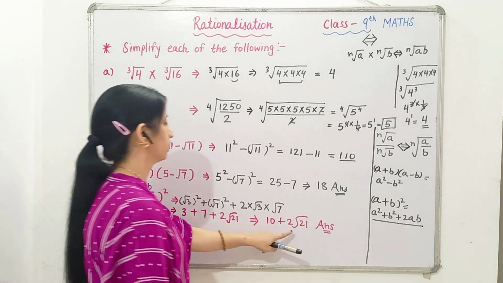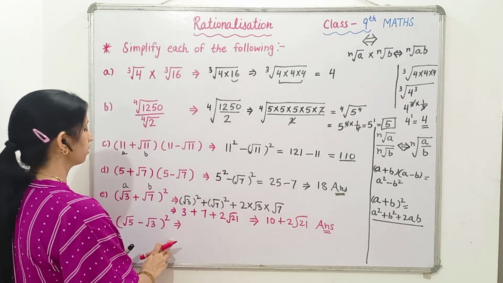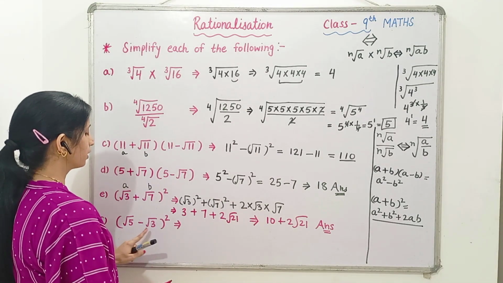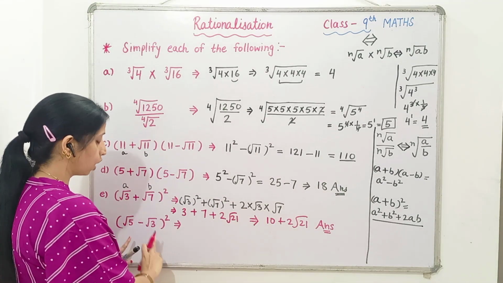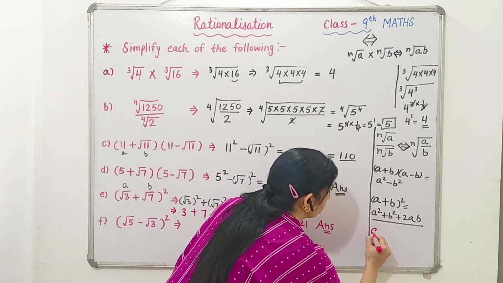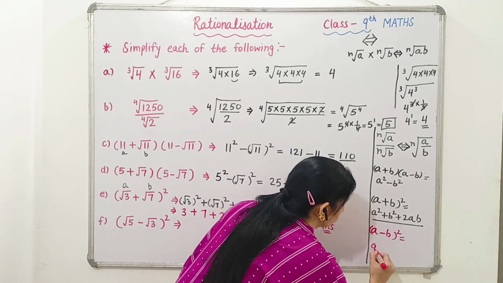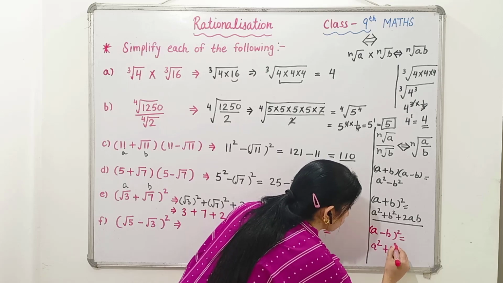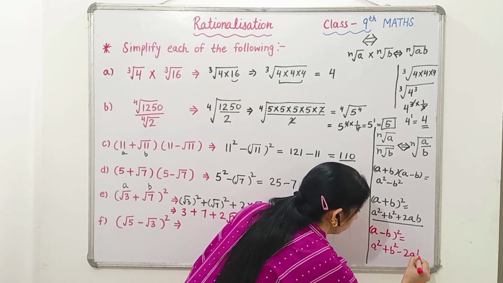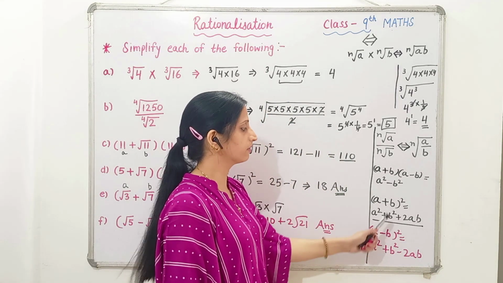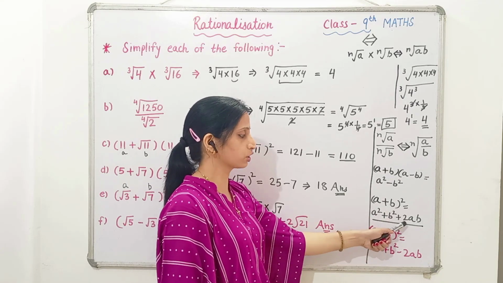Now come to the next question. Root 5 minus root 3 whole square. So now we will use a minus b whole square, that is equal to a square plus b square minus 2ab. Always remember, whenever it is plus, we will use plus 2ab.